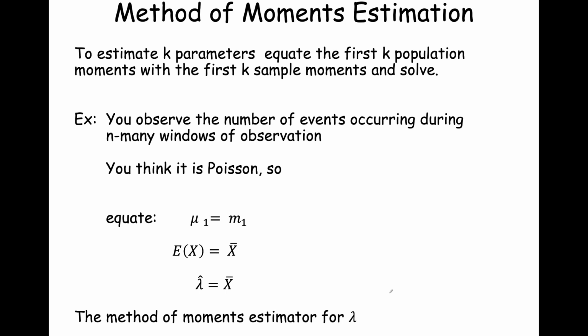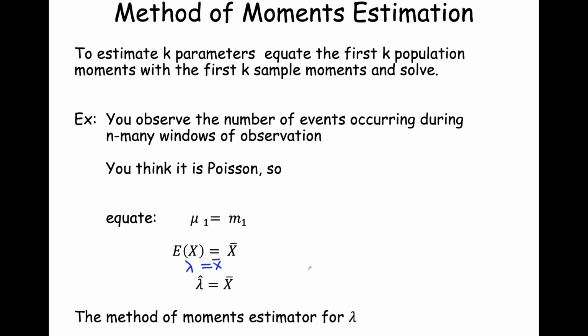One bit of caveat to pay attention to here. We know that the expectation of X for Poisson is lambda, and we say lambda equals x bar. So now you know that x bar is the replacement for lambda. You write a hat over it to connote that this is an estimator, because we're doing method of moments estimation. We're computing a statistic from the sample version of the moments, and we're using that as a replacement.